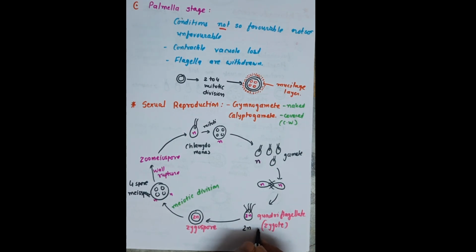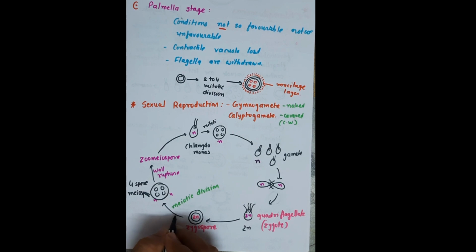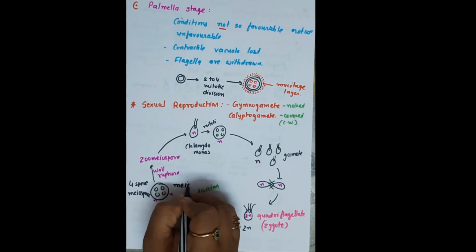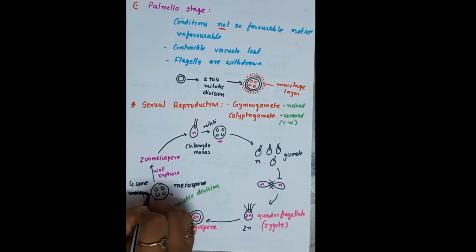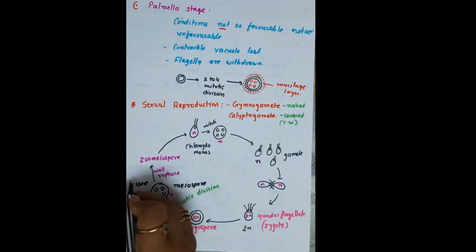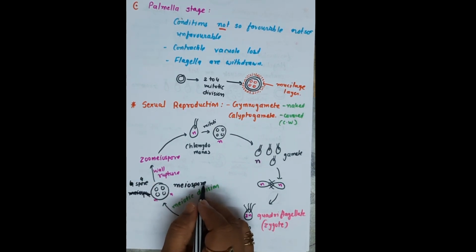Now this zygote is converted into a zygospore, right? In the zygospore, meiotic division occurs and it forms 4 spores which are known as meiospores. Right? What are they called? Meiospores. And how many meiospores are there? Here 4 spores are formed, which are called meiospores.